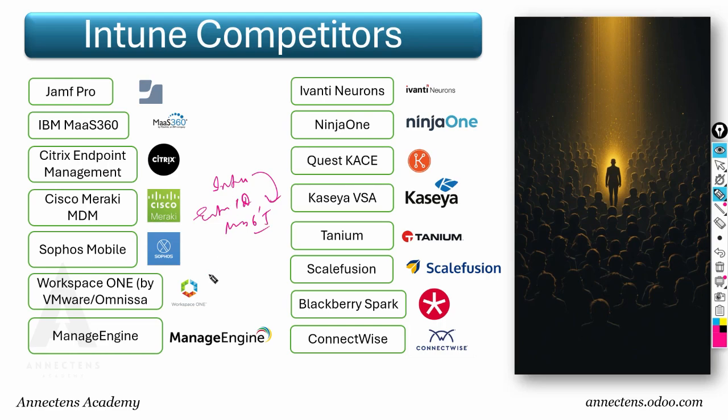Then we have cross-platform support, which is now broadened. They have come with Linux also. macOS, iOS, everything we can cater to and manage. And then easy licensing in the Microsoft ecosystem. Any licenses that you buy, they will complement with an Intune license. That is the plus point.